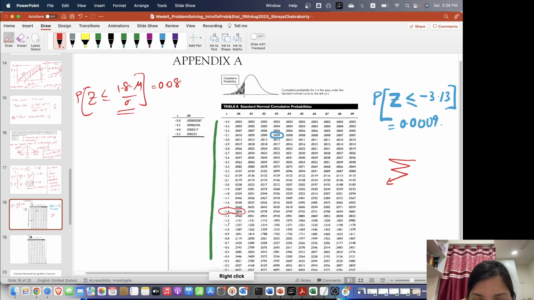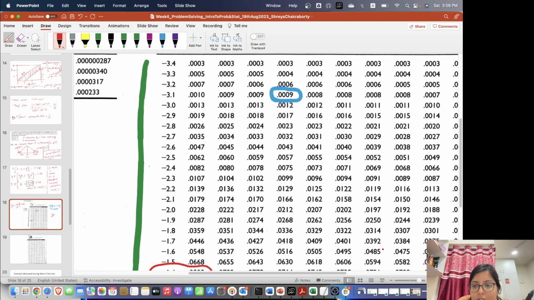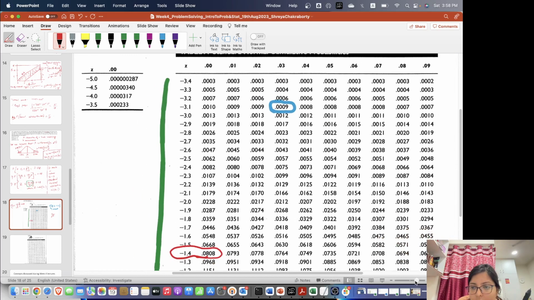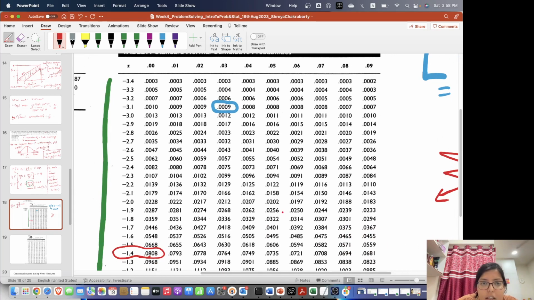Your numbers are very small. Can you zoom? Yeah, I'll zoom it. Okay, thank you. So here we are going in this manner, then this, and so on. Near 0.08 we'll go and check.